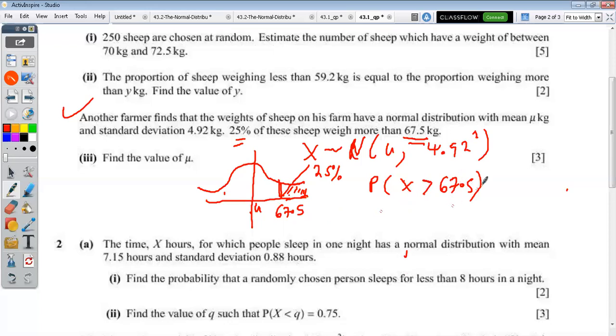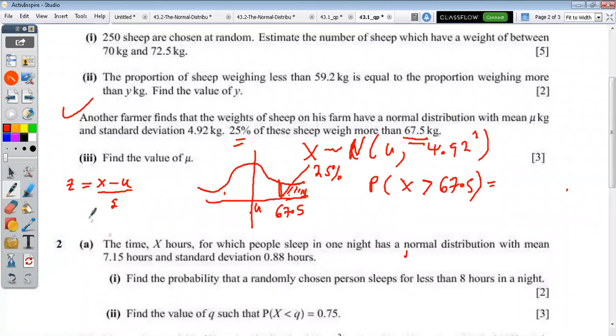But at the same time, we know that this is the same as what? We have to normalize this. Because we don't know this value, that's why I'm coming here. When we normalize this 67 point whatever, we use the same formula: Z is equal to X minus mu, which is what we want to find, over the standard deviation.